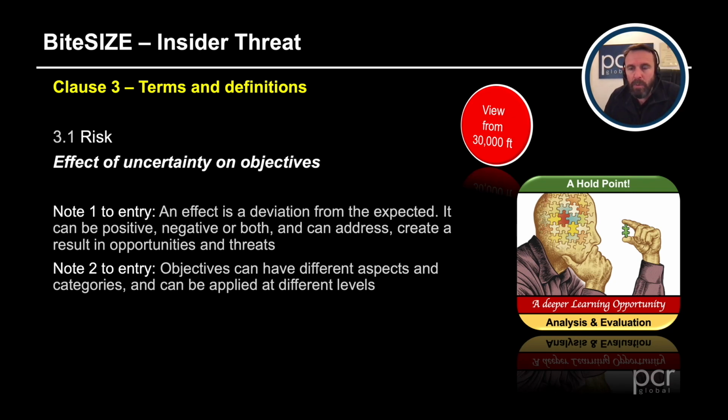So objectives are set everywhere. If you're not familiar with MBO, management by objectives, that's worth looking at. I suppose most of us are familiar with SMART objectives. Those are the objectives that are specific, measurable, attainable, realistic, and time-bound. Again, if you don't know where you're going, any road is going to get you there. We must know our objectives.